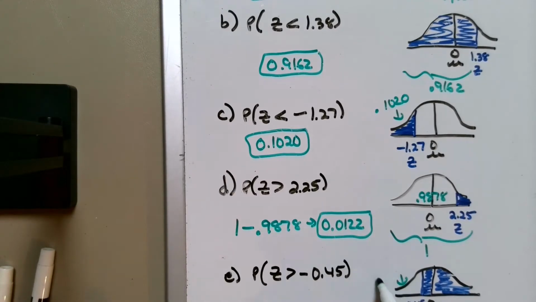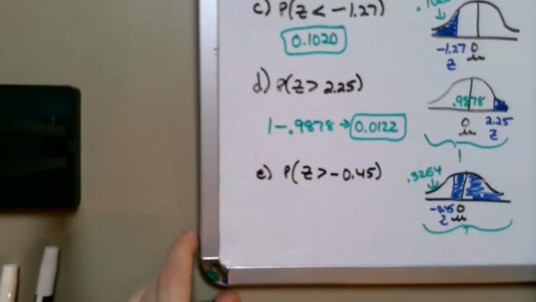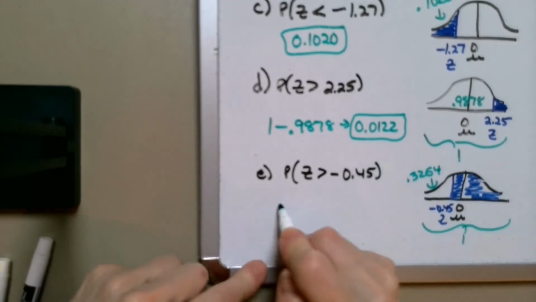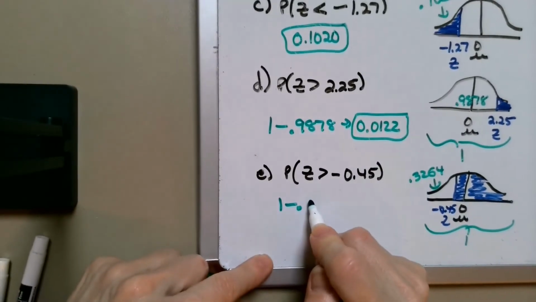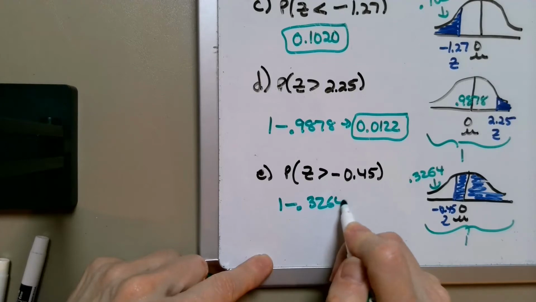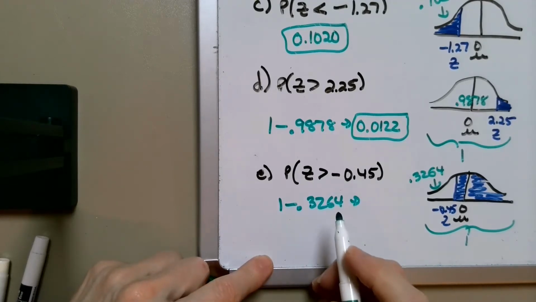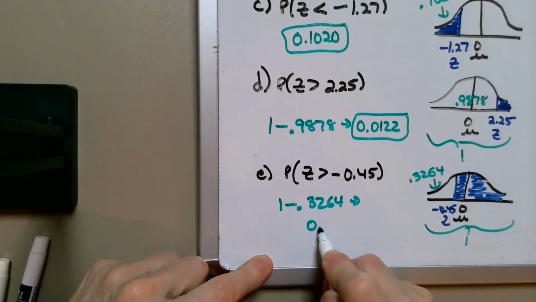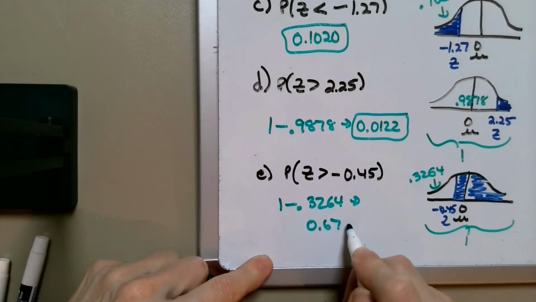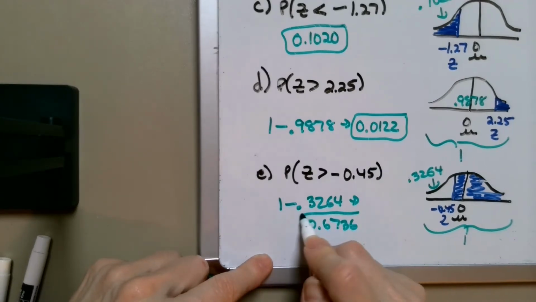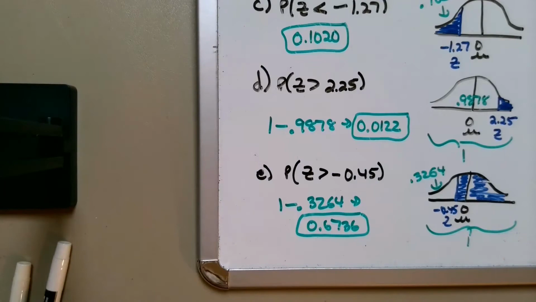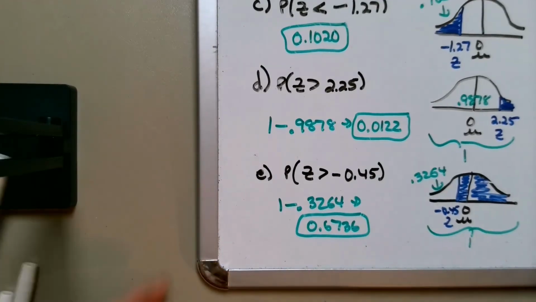But I want the area to the right, so we have to use the idea that the entire area under the curve is 1, and subtract the unshaded left tail of 0.3264 to get our answer of 0.6736, which is the area to the right. Okay, going to 1F.